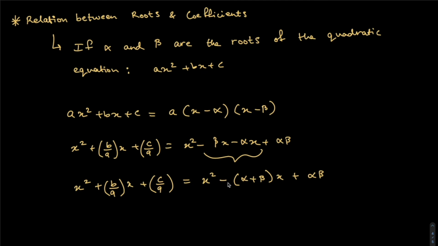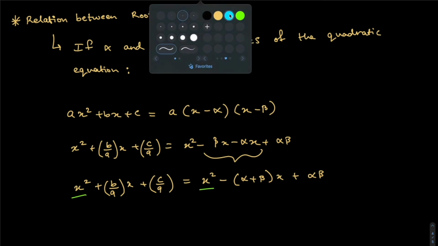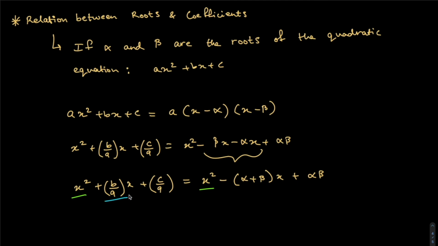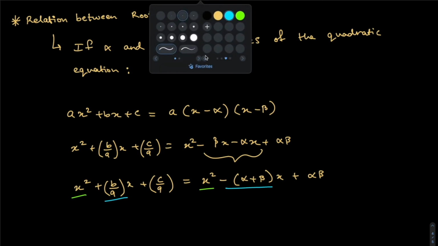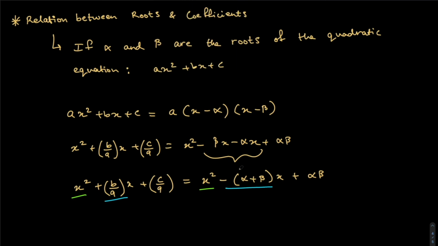I have something like this. Now, if you look at this closely, I have x, then I have b by a, and I have minus (alpha plus beta). And then I have one more, let's say in purple again, I have c by a and alpha beta.